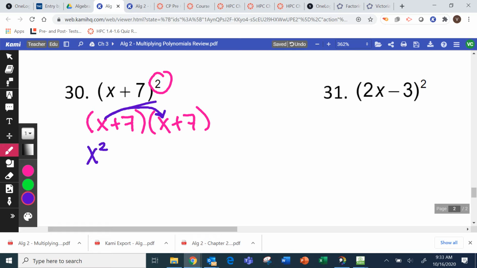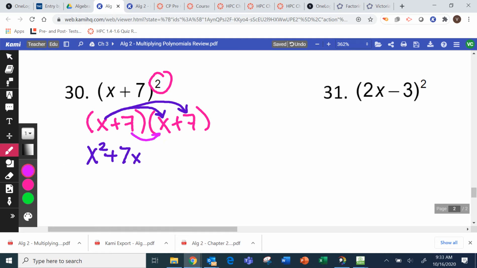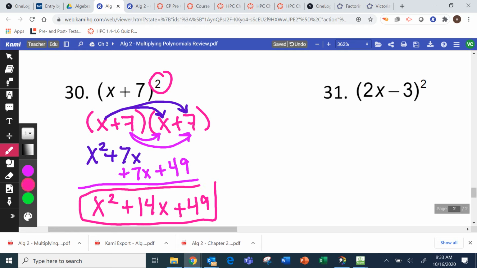Change it up a little bit so I can appeal to everybody in here. Okay? So if you see squared, you have to write it twice.